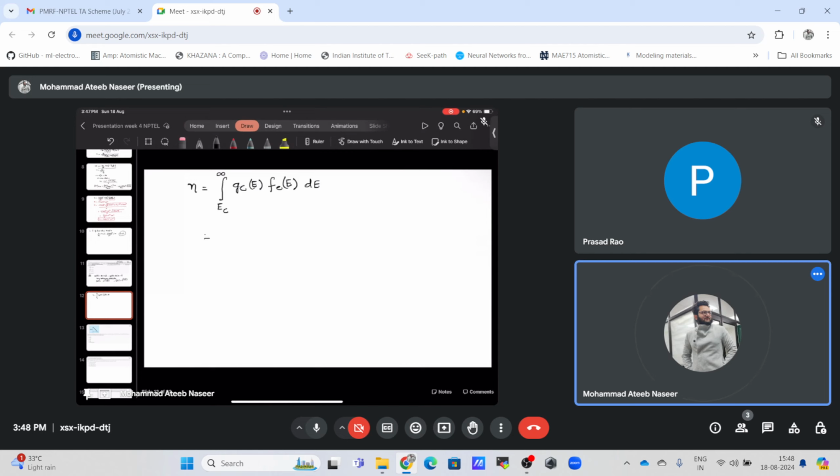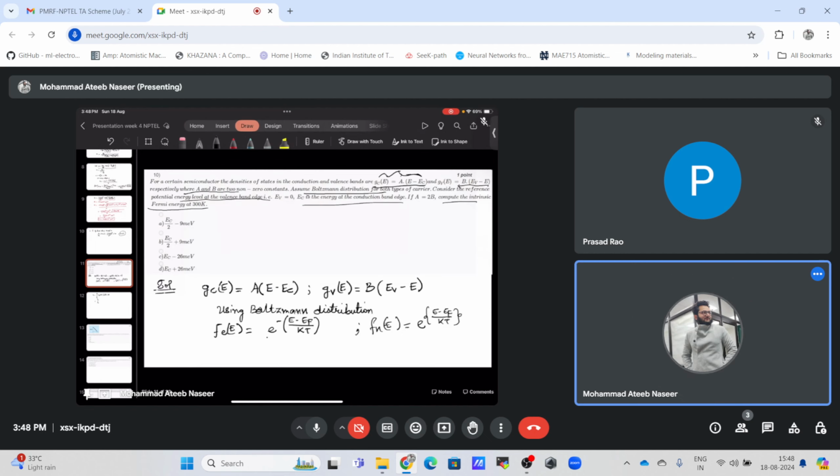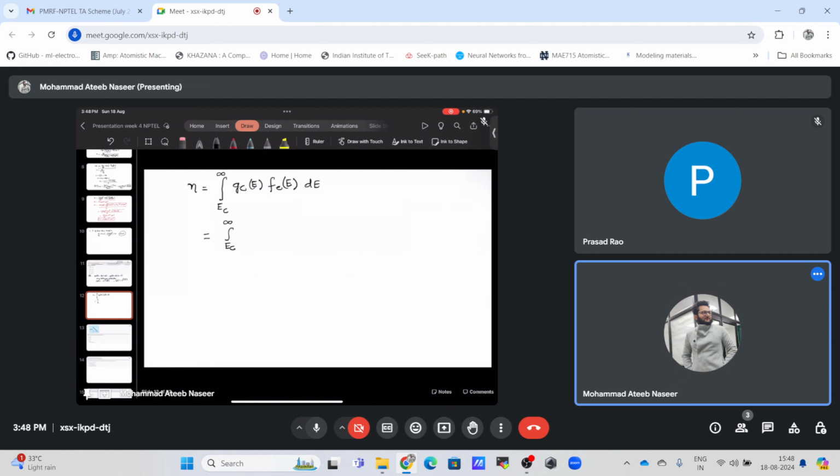So it is simply now the integral from EC to infinity, where GC of E is A times E minus EC. This is the value of GC of E, and F of E is simply exponential of minus E minus EF by KT.